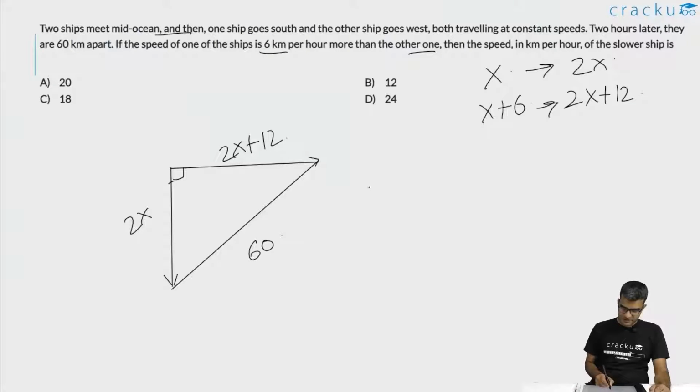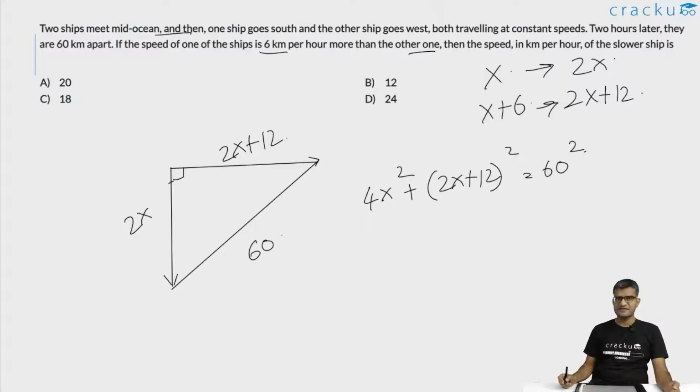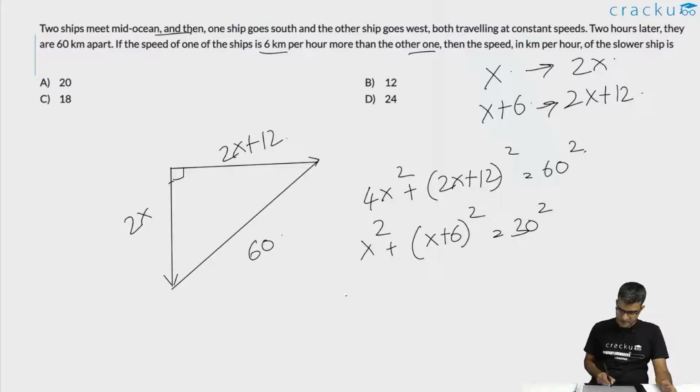So 2x whole square, which is 4x square, plus 2x plus 12 whole square is equal to 60 square. We can divide the entire equation by 4. So x square plus x plus 6 whole square is equal to 30 square, or x square plus 12x plus 36, this is x plus 6 whole square, plus an x square at the start, this is equal to 900.